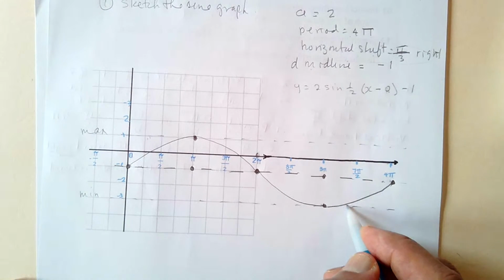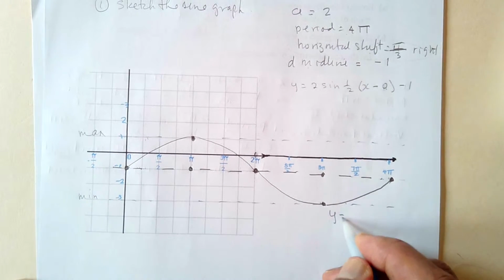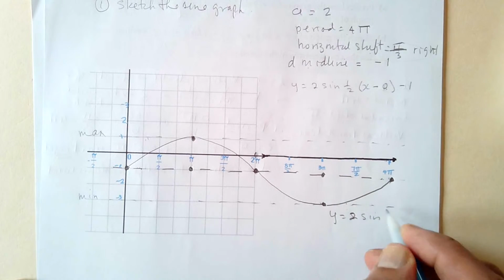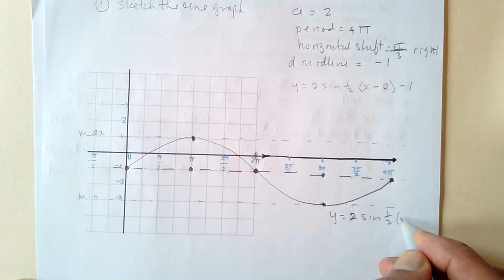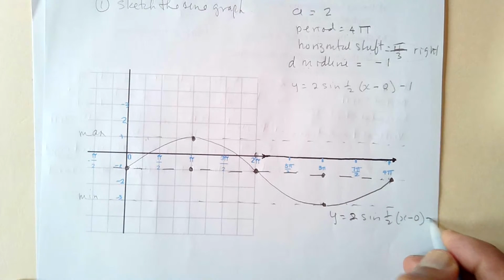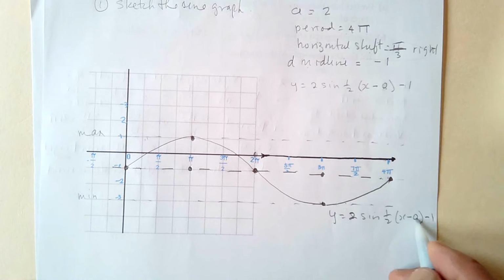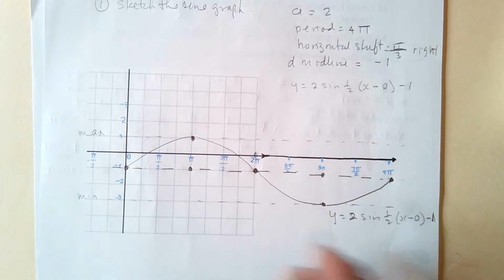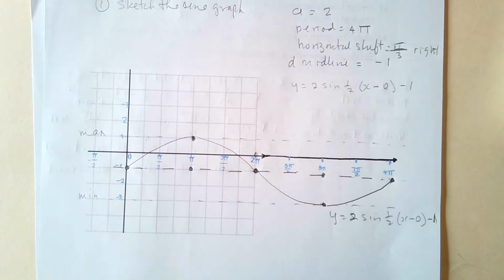So this graph here now is y is equal to 2 sine half x minus 0 minus 1. Right, there's no shift. There's a midline vertical shift, -1 unit.